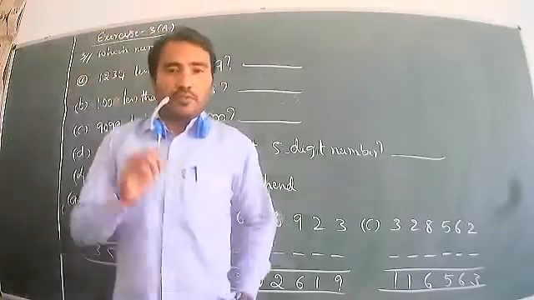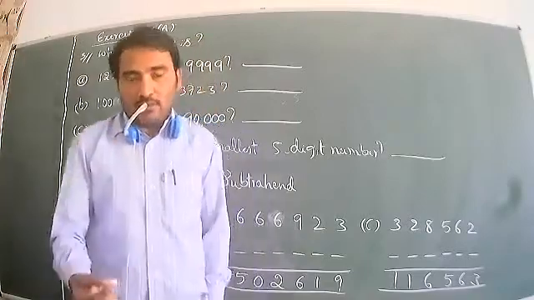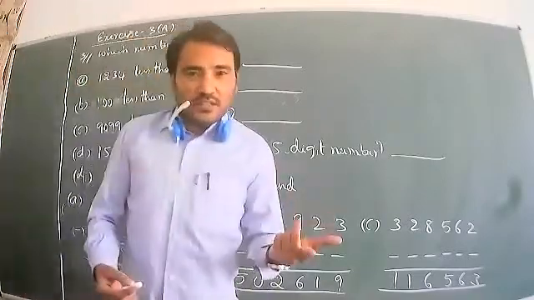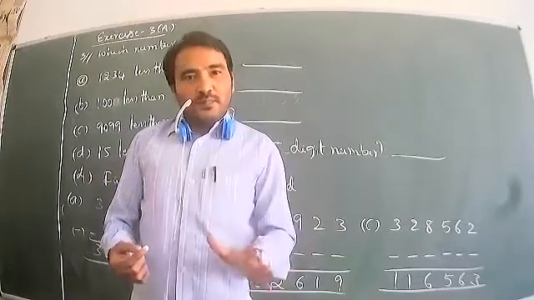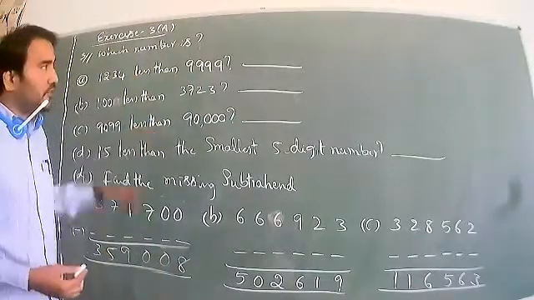For this type of question, less than means we subtract, and more than means we add. Keep that in mind. When more than is asked, it is addition. Less than means subtraction. Here less than is asked, so we do subtraction.